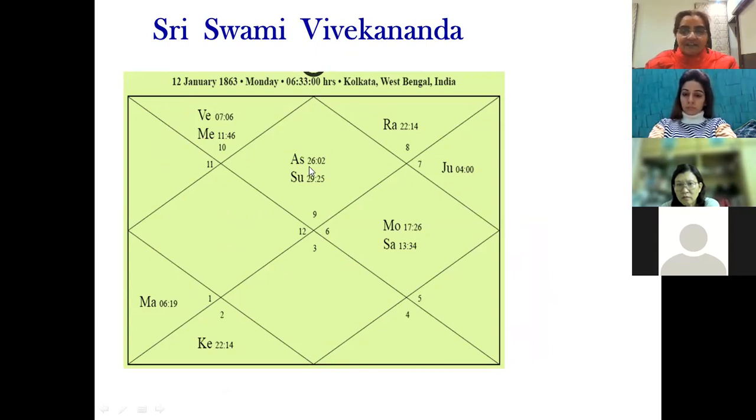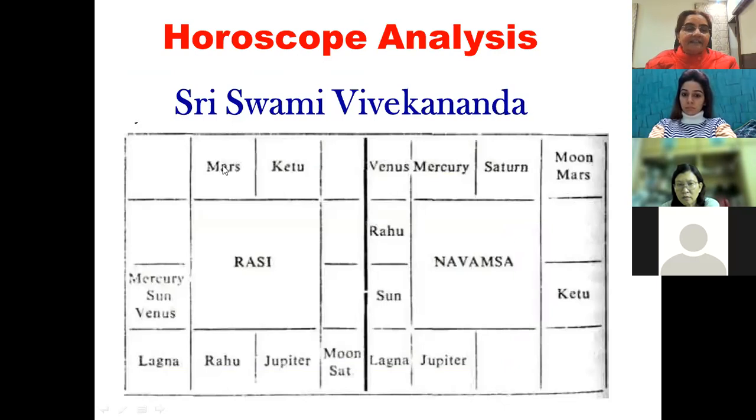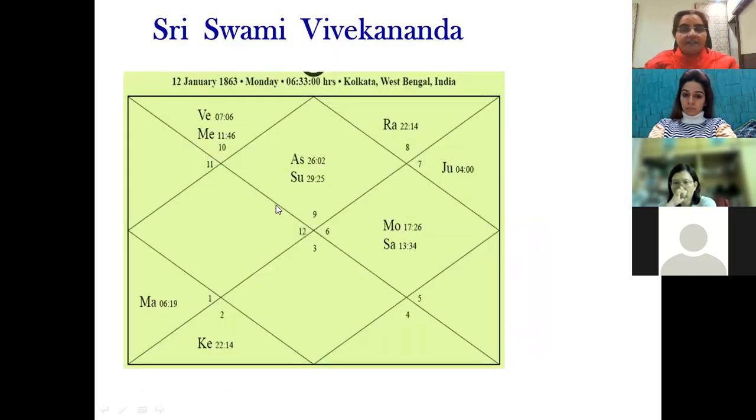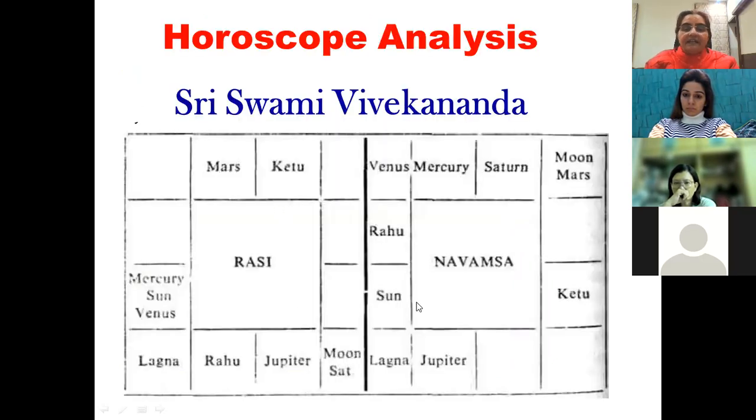This is always the Lagna, the ascendant. And here, the first sign is always Aries. So this was the Navamsa chart.